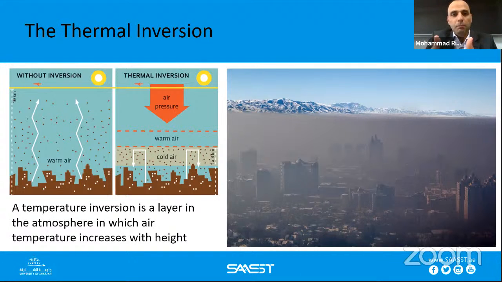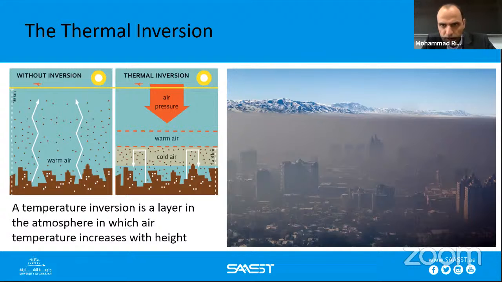So the polluted air will spread away. But if you have a thermal inversion layer above the city, the warm polluted air will stop at a certain height and form this layer as we see in this picture of one of the cities.